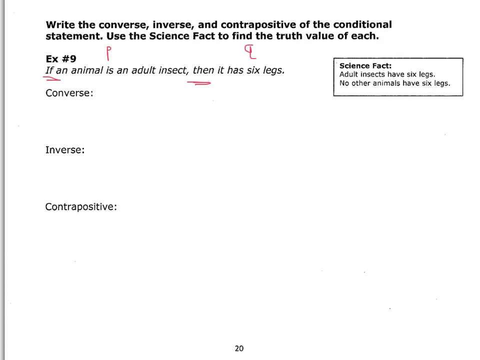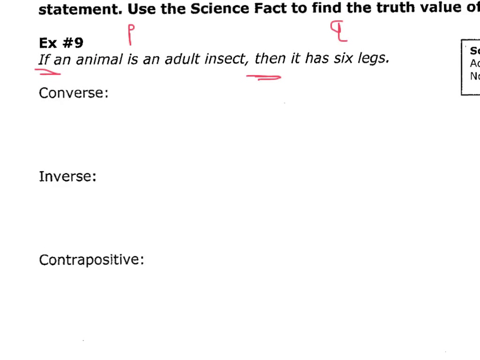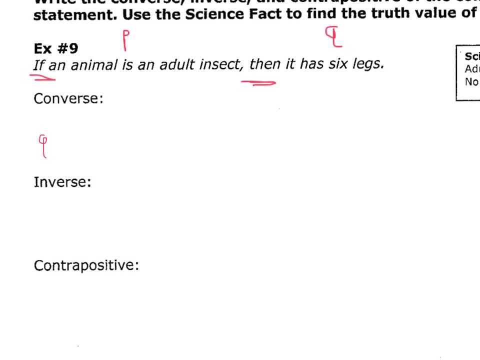Now, if you want to write the converse statement, you will write it in the order Q, then P. So you would write, if an animal has 6 legs, so you're just bringing in Q. If an animal has 6 legs, then you would bring in your P. An animal is an adult insect.